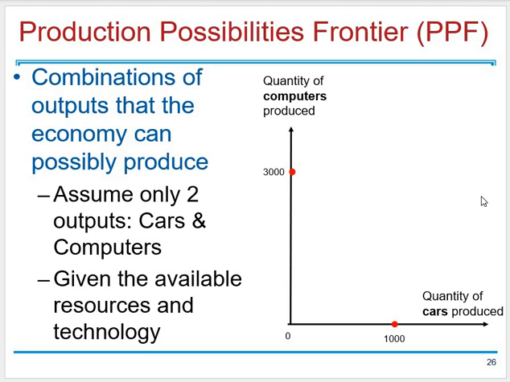That makes sense because obviously producing cars is more expensive, right? If you use the same amount of resources in car production, you'll have fewer cars than putting them all in computers. Now that we have the 2 extreme cases, what are other possibilities?